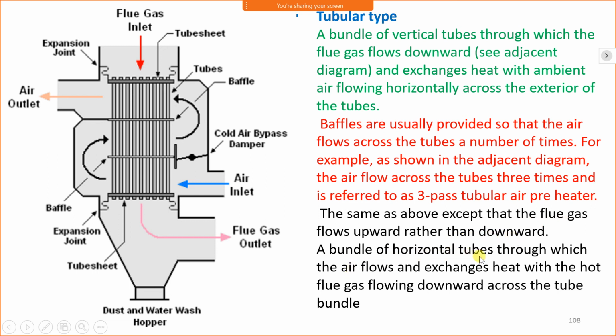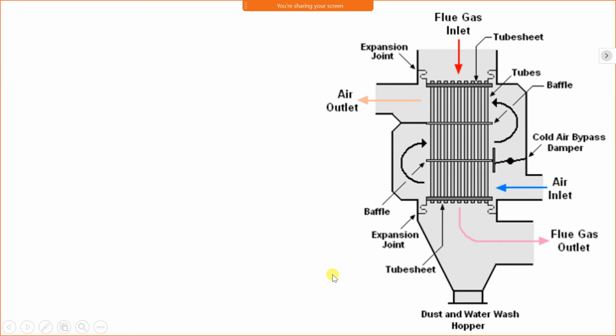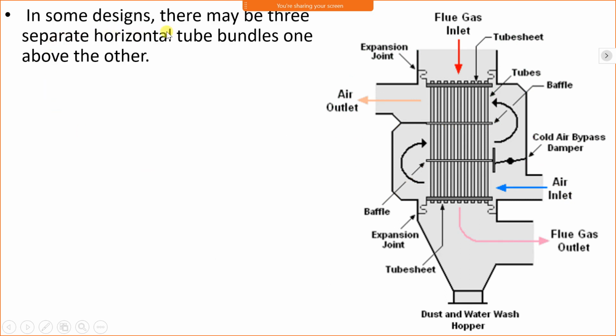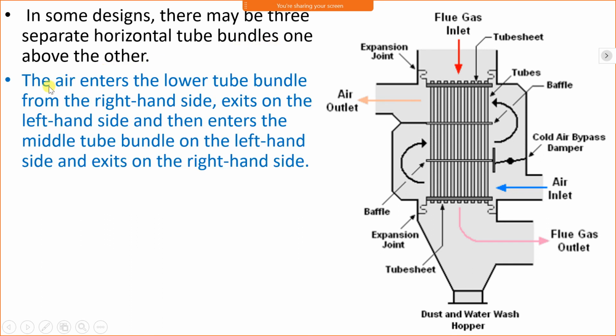A bundle of horizontal tubes through which the air flows and exchanges heat with the hot flue gas flowing downward across the tube bundles. In some designs, there may be three separate horizontal tube bundles, one above the other. The air enters the lower tube bundle from the right hand side and exits on the left hand side.